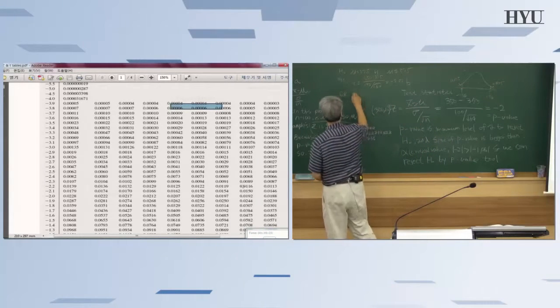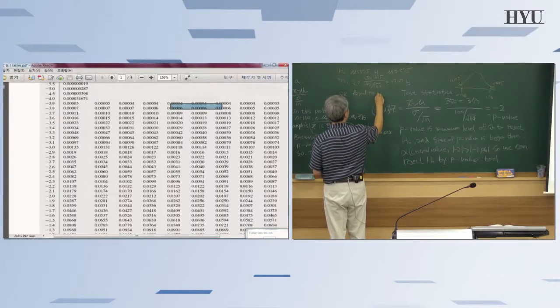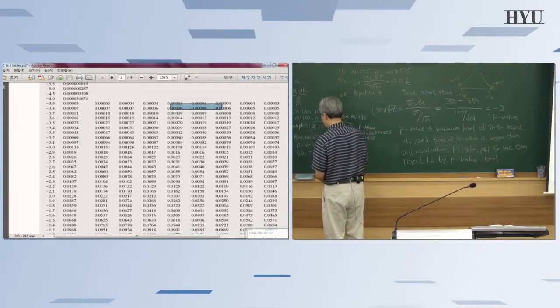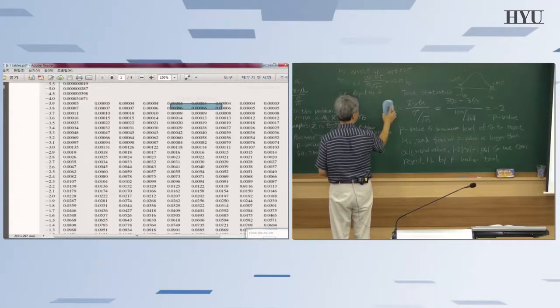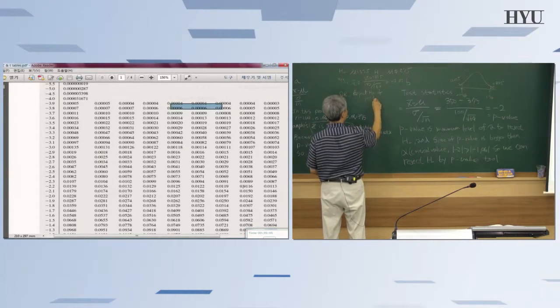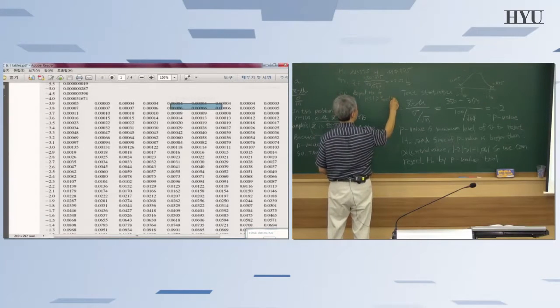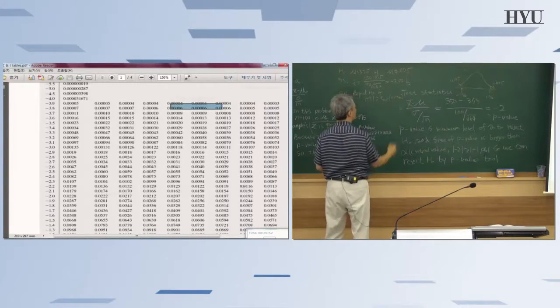So you can say reject the null hypothesis if... there's an easier way to do that. You can say the absolute value of the test statistic is greater than Z.025, which is 1.96.